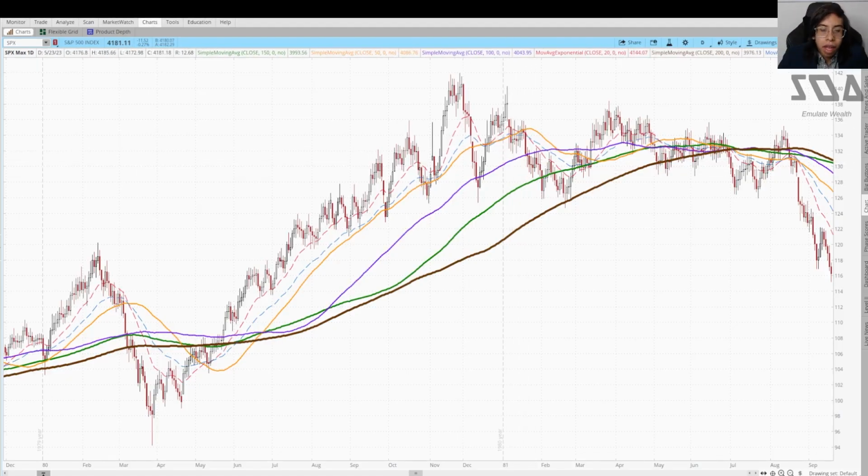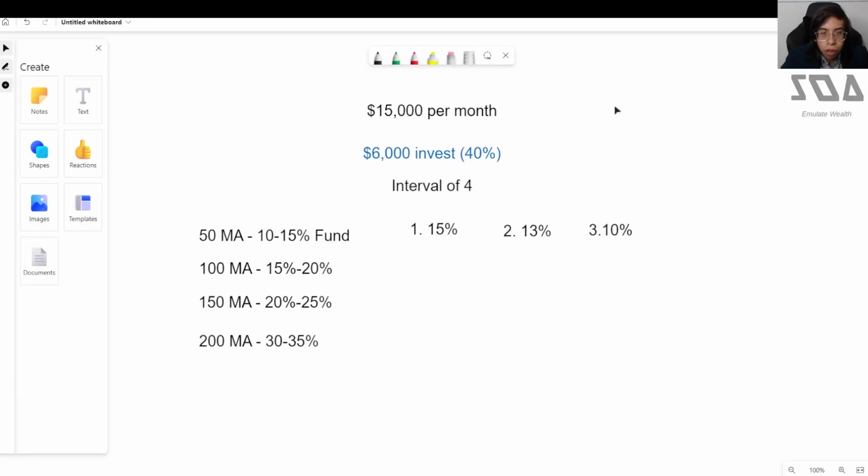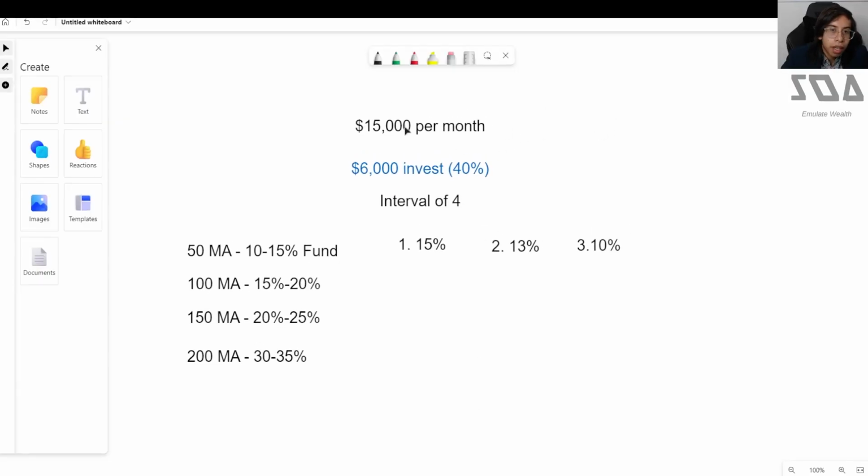So let's say that now this completely depends on how you can get money and how fast. But let's say that you can get 15,000 per month. What I would recommend is do it like this. If you made 15,000 per month, you have 6,000 to invest. If in the next month you had 15,000 again, and you've only allocated 15%, you still have 6,000 extra to enter.